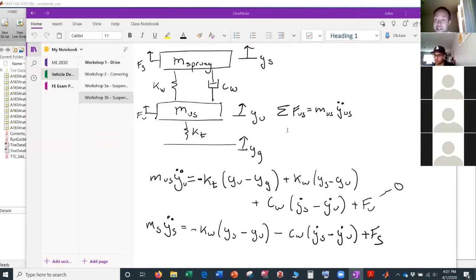So we can't just tell MATLAB, hey, these are the equations, start solving, right? We need to figure out a way to solve these pretty complex differential equations.